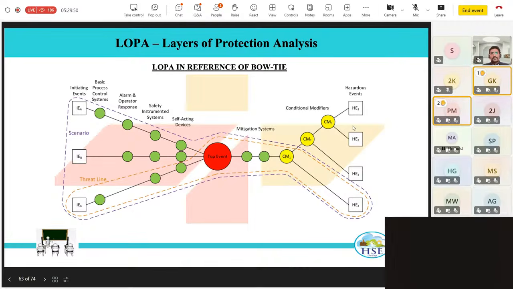Okay, maybe you guys would refer to your chat. Are you guys able to see that in the chat? Yes? There's a Swiss cheese model I've just shared in the chat.